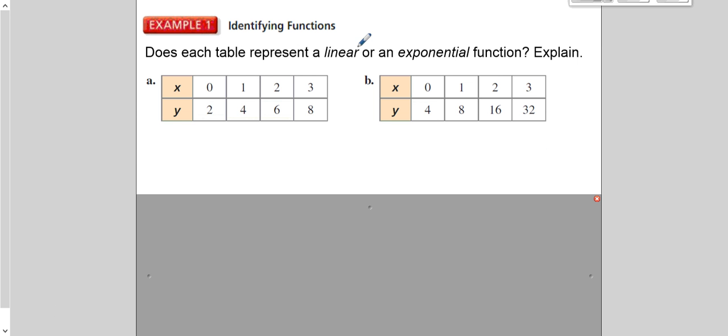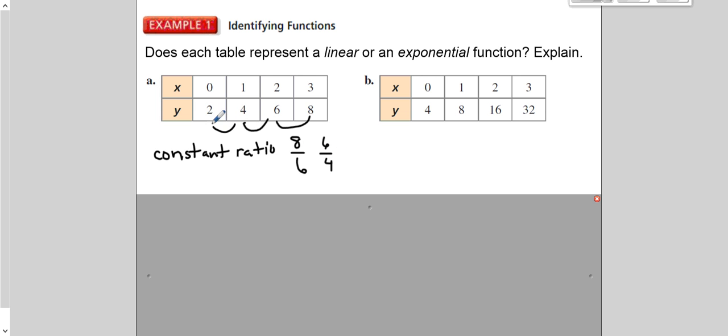Does each table represent a linear or an exponential function? So the x's are 0, 1, 2, 3. Our y's go 2, 4, 6, 8. A constant ratio of the y's would mean that if we made a ratio out of two consecutive ones, like 8 over 6, then that would have to be the same as 6 over 4.